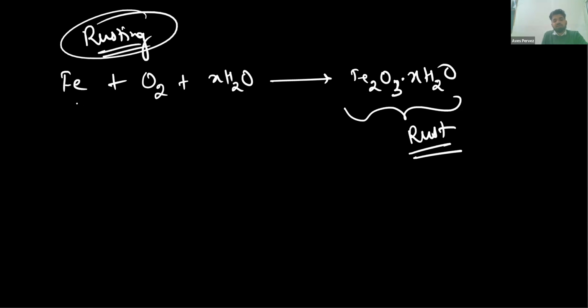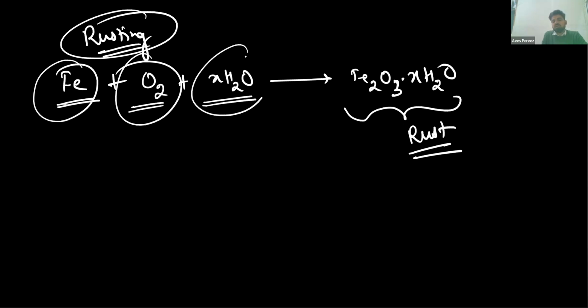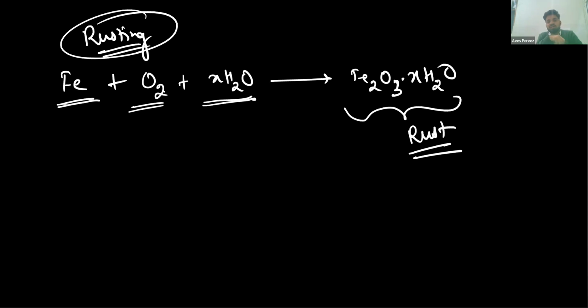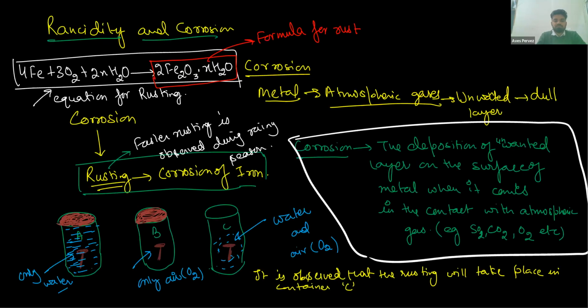Now for rusting, we need three important things, all of them: iron, oxygen, and water. The important condition for rusting is that all of them should be there. If we have an airtight container with only water in it, it will not rust.